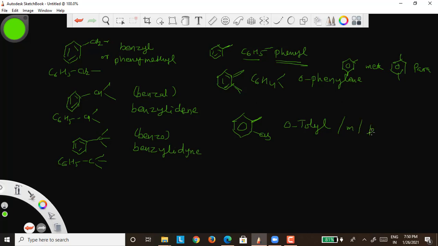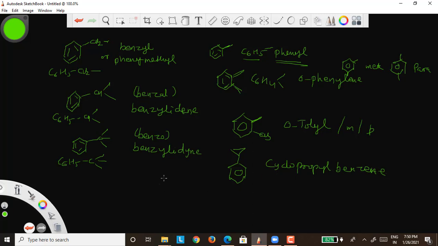Meta and para also you can get this way connection. Okay. Now suppose you have this cyclopropyl group connected to benzene ring. Now what name you can give? This is called cyclopropyl benzene.